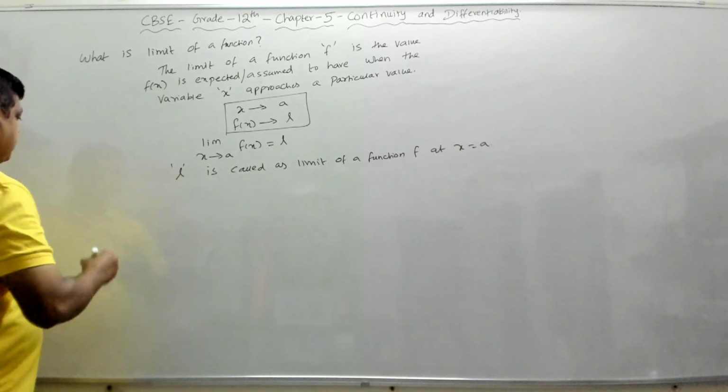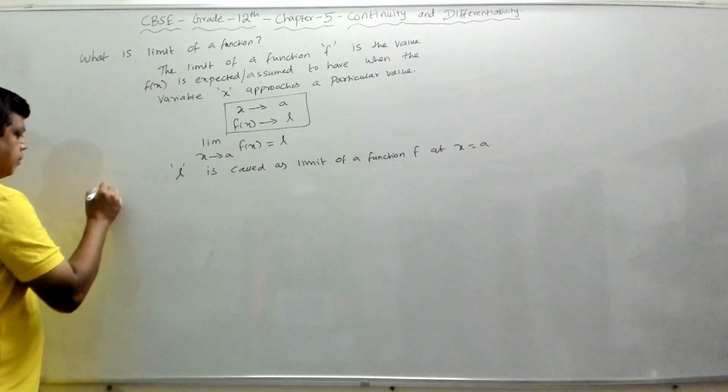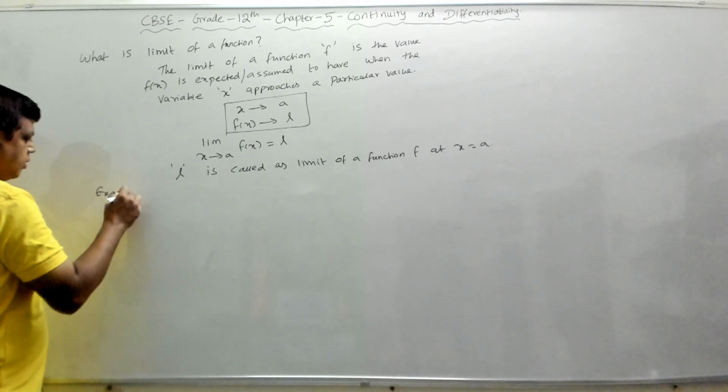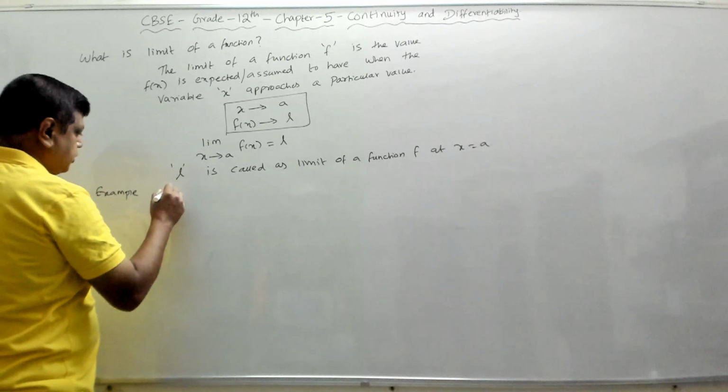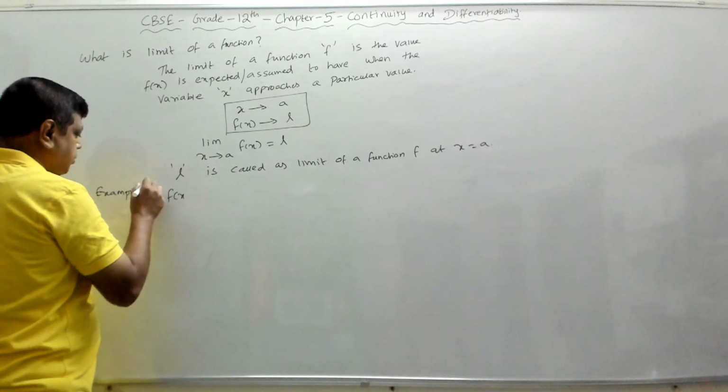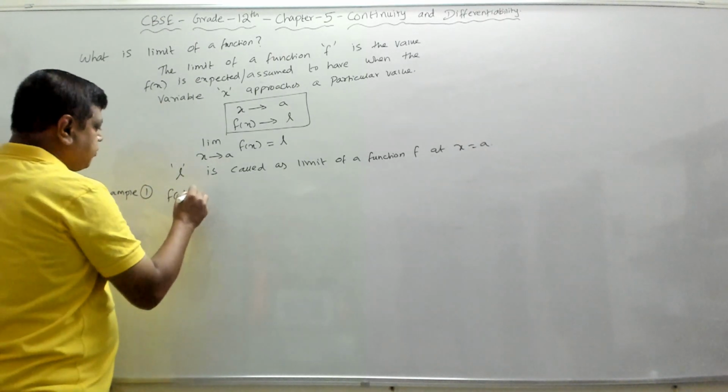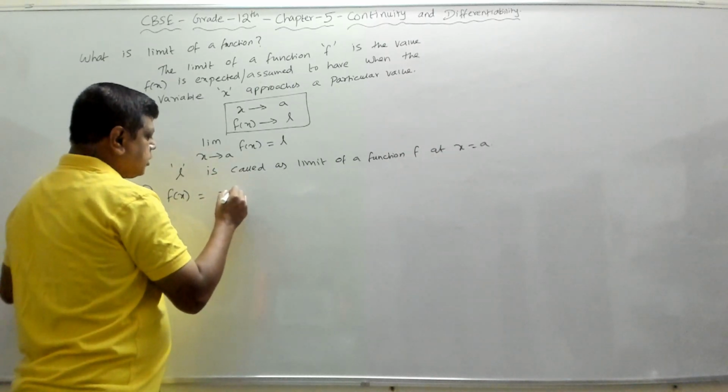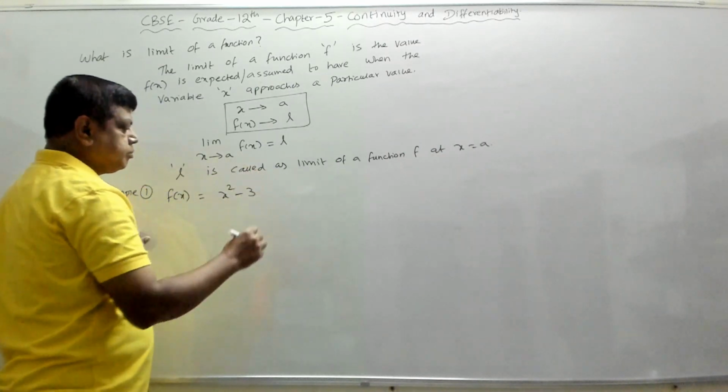So we'll go with an example. Let's take a function, example 1, where f of x is defined as x square minus 3.